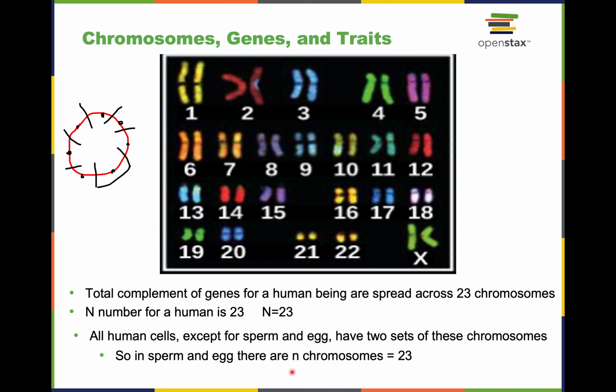So the number of chromosomes in a sperm or egg is 23. In all other human cells, because they have two sets of chromosomes, the total number of chromosomes is 46. So other human cells have 2N chromosomes, but sperm cells have N.